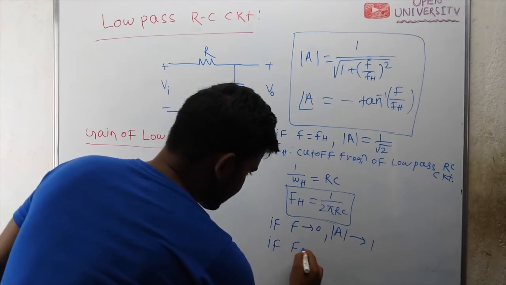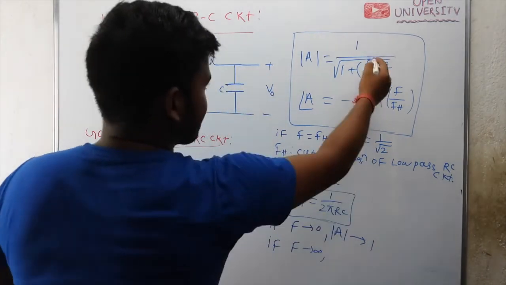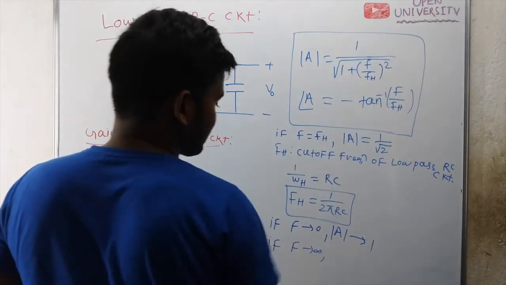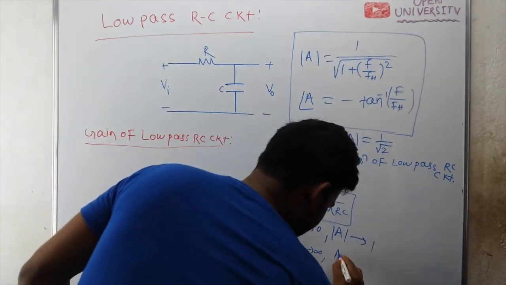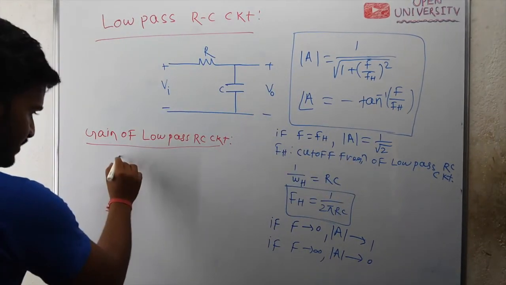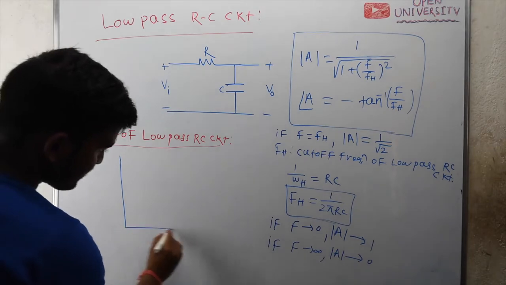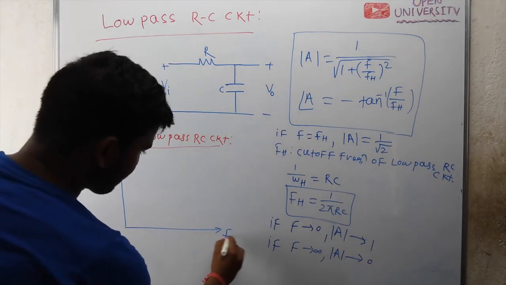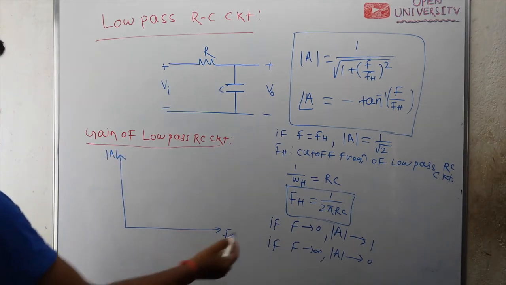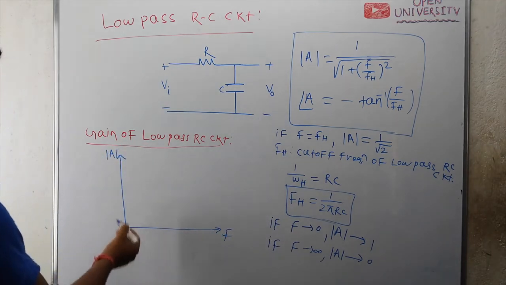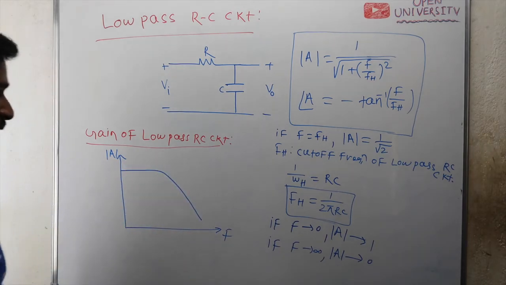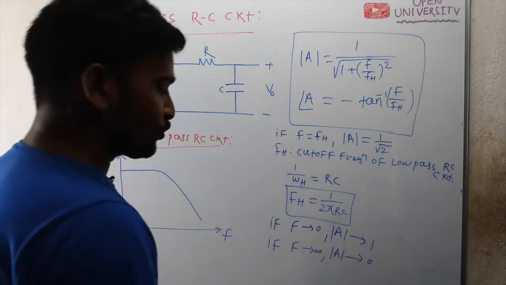If frequency tends to infinite, then this term will be infinite, 1 plus infinite will be infinite, something by infinite will be 0, then your magnitude of gain will tend to 0. From this we can obtain the magnitude of gain versus frequency curve. If frequency tends to 0, gain becomes 1, and if frequency tends to infinite, gain tends to 0.